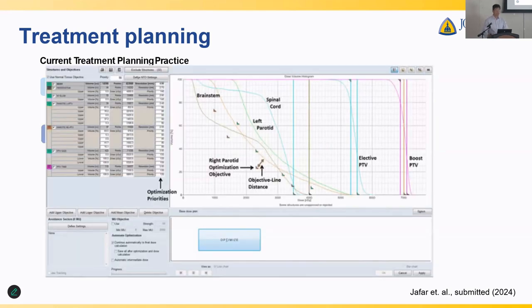To put this in context, we are talking about 20 to 30 parameters to tweak for each patient, and the experienced planner sits in front of the computer, tweaks these parameters, and tries to come up with a plan. As you can imagine, this is very similar to tuning hyperparameters as we develop a neural net, trying to make sure it's learning what we planned. So that's very similar, and this is just routine work for our dosimetrists.